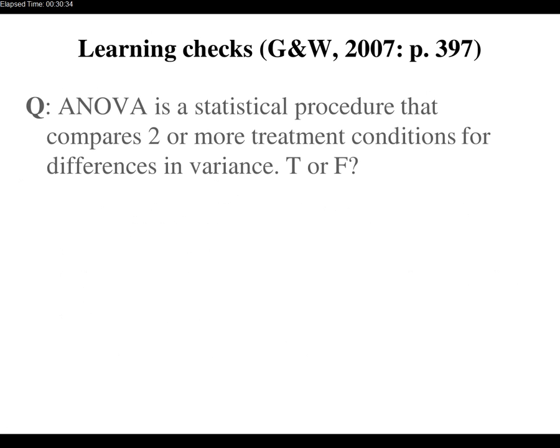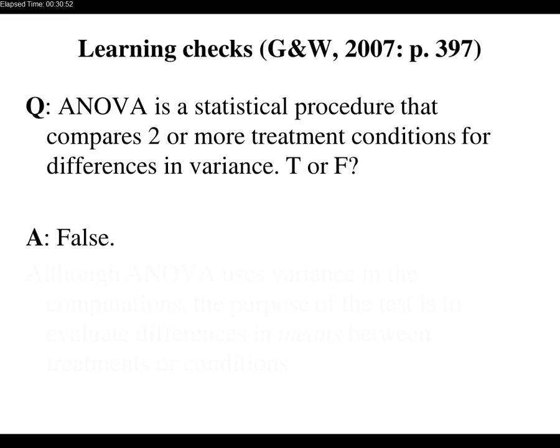So here are some questions for you. ANOVA is a statistical procedure that compares two or more treatment conditions for differences in variance. Is that true or false? It's false. Why?